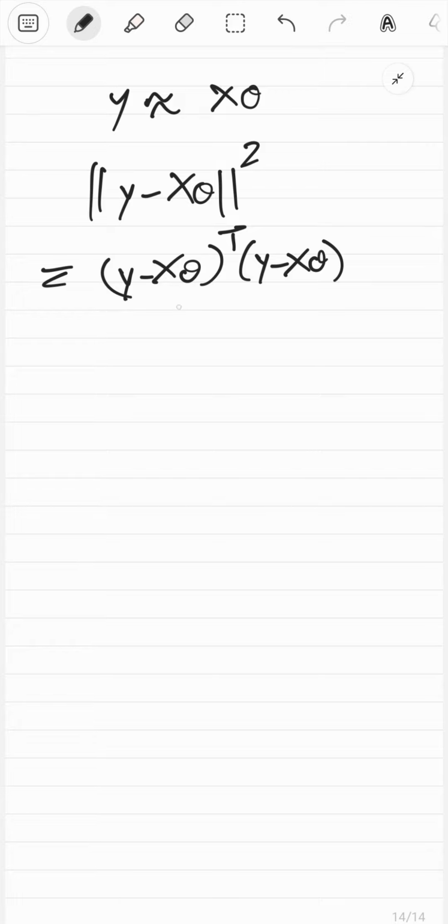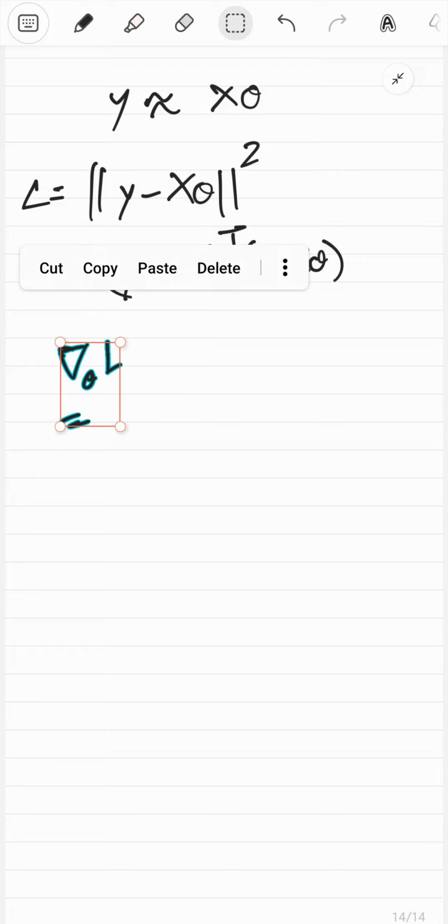The way we minimize this is using the gradient of this cost function with respect to theta, and we'll call this L. So we'll have the gradient with respect to theta of L. I usually deal with gradients as row vectors, but whatever.